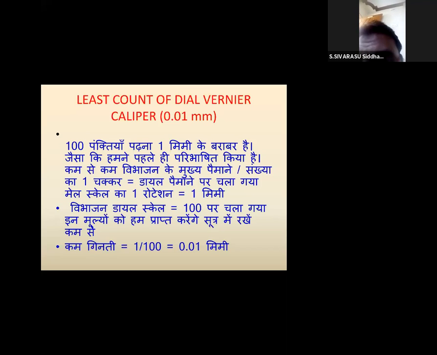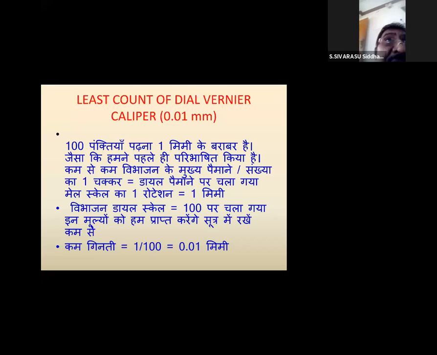Because the 1 mm distance is divided into 100 on the dial, magnified through the rack and pinion mechanism, the least count, 1 mm divided by 100 divisions, gives you 0.01 mm accuracy.